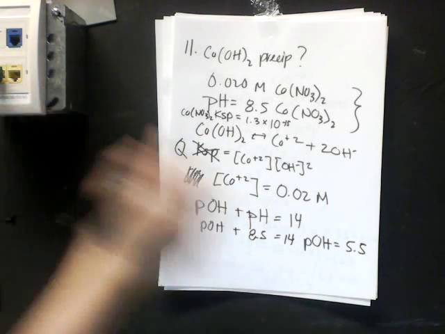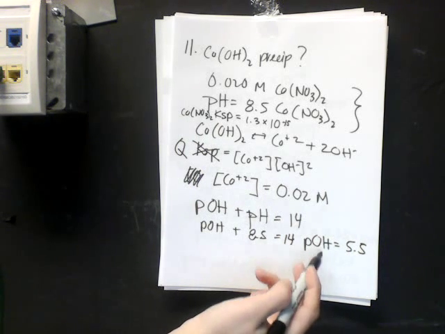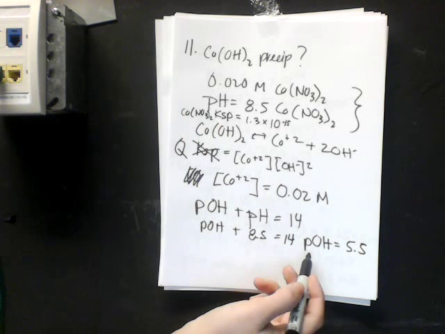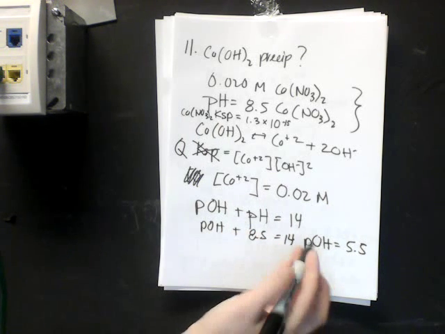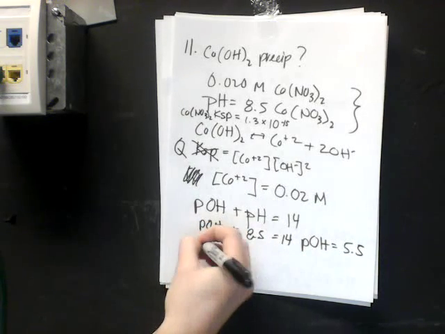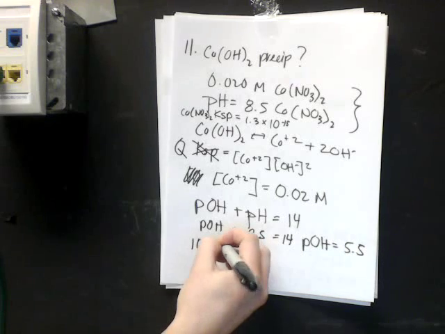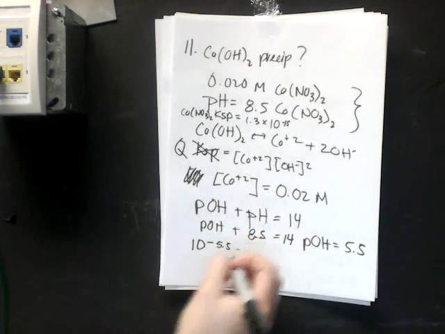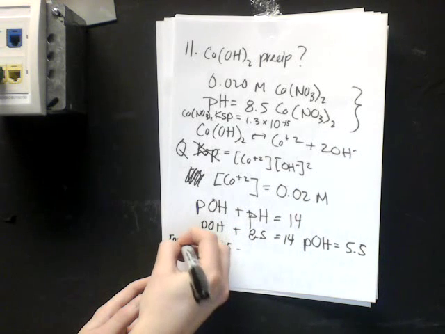From pOH, I should be able to find concentration. How do I find concentration? What is the reverse of putting a p on something, right? If I put a p in front of it, it's negative log. What's the reverse of negative log? To find concentration, it's 10 to the negative pOH, or 5.5 in this case. 10 to the negative 5.5 is going to give me the OH concentration.